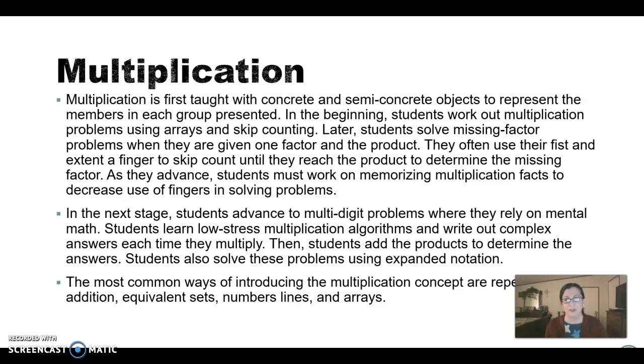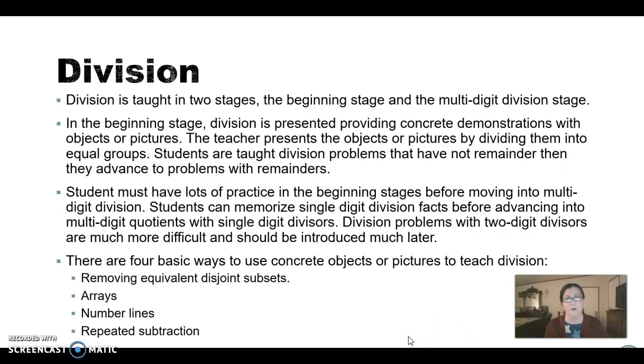And then students add the products to determine the answer. Students also solve these problems using expanded notation in a similar way. And then I got the most common ways of introducing the multiplication concept are repeated addition, equivalent sets, number lines, and arrays. And that's what I have for multiplication.